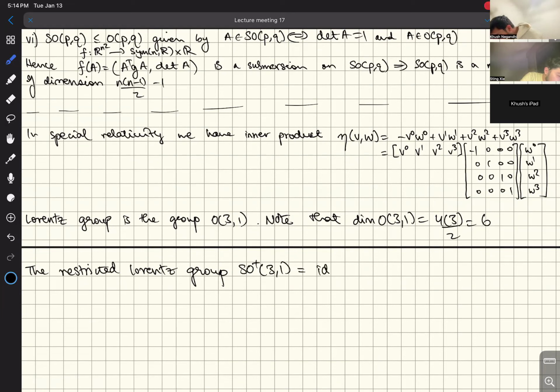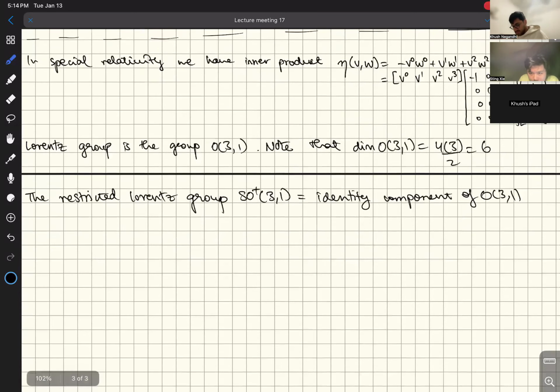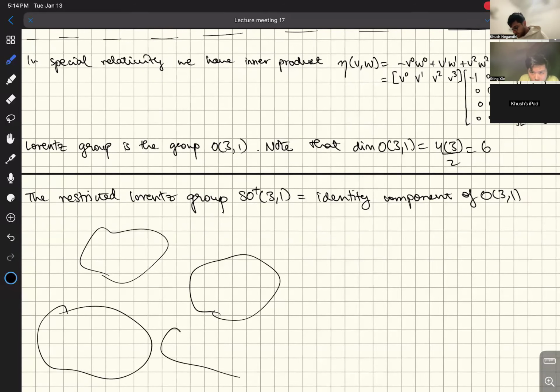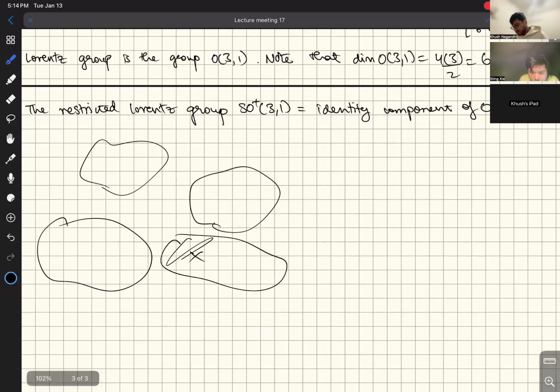You can think of this as the identity component of this. And what identity component means is that you look at the maximal connected open set that contains the identity. So this group looks something like that. Identity is in one of them, so you just look at this one.